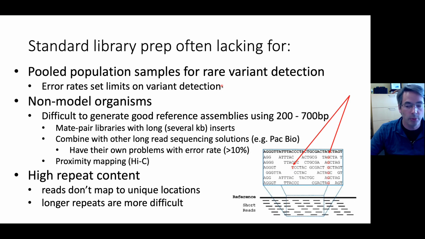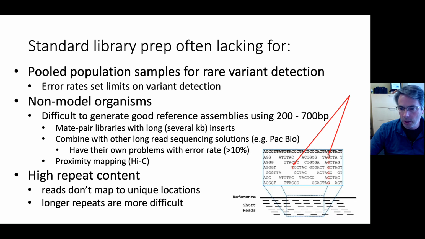Or if it's a clonal sample, all came from the same individual. Because when it lines up, this is just to give you an idea, two variations here. The top line in this cartoon is the reference genome.